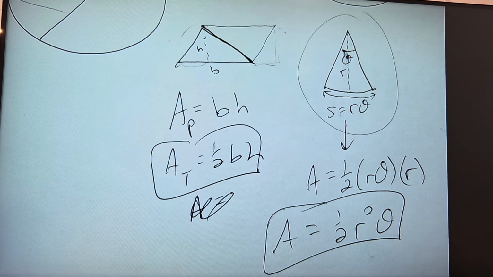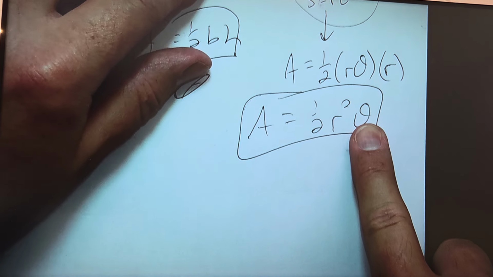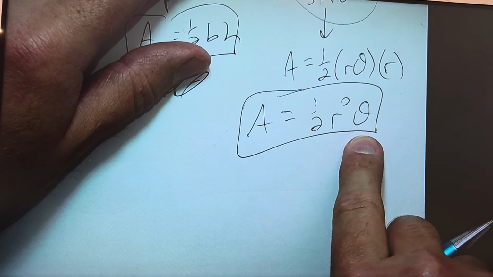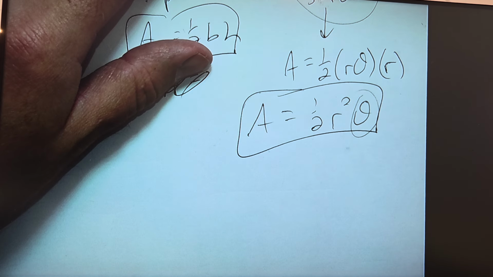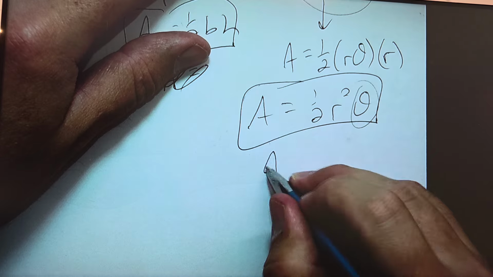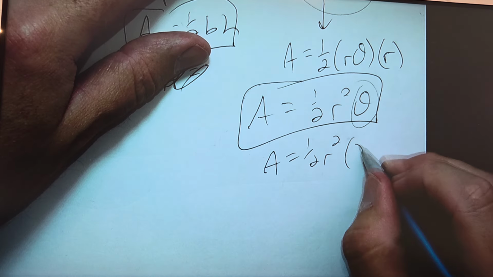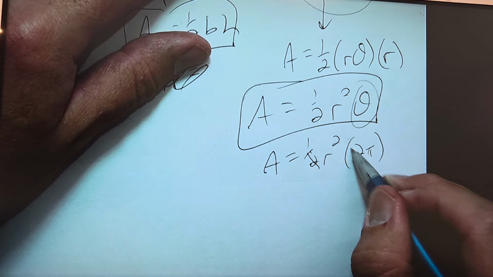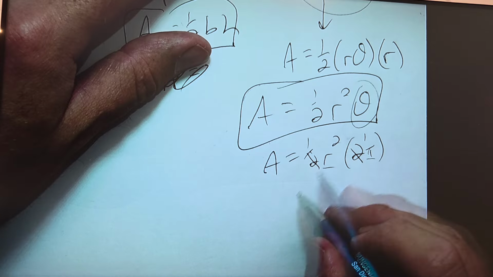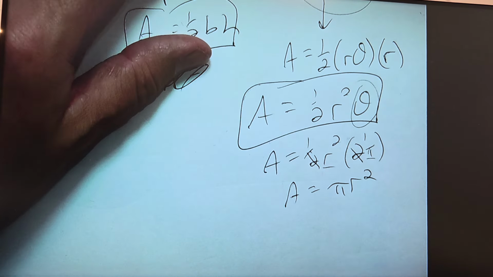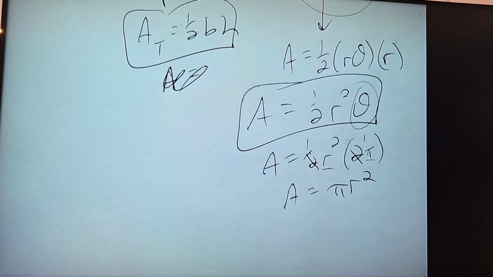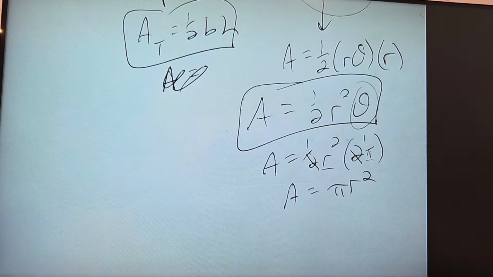If I plug 2 pi into this, it will give me the area of the entire circle, because 2 pi means I've gone all the way around, correct? So if I plug 2 pi in here, what do I get? 1/2 of 2. So I get pi r squared. Sure enough, if I use this formula and plug in the entire circle, 2 pi, I get the right formula for the whole circle.